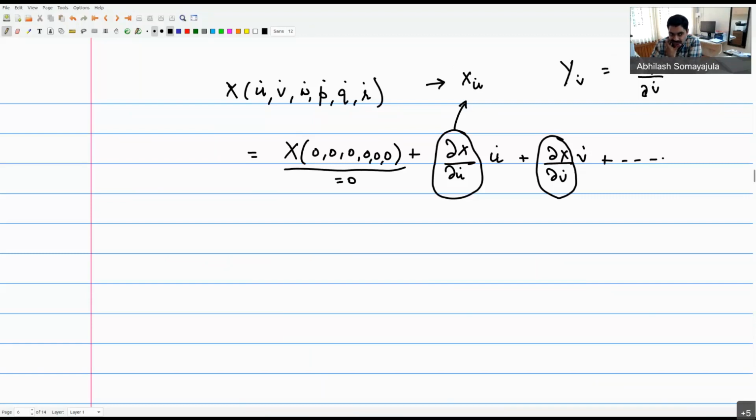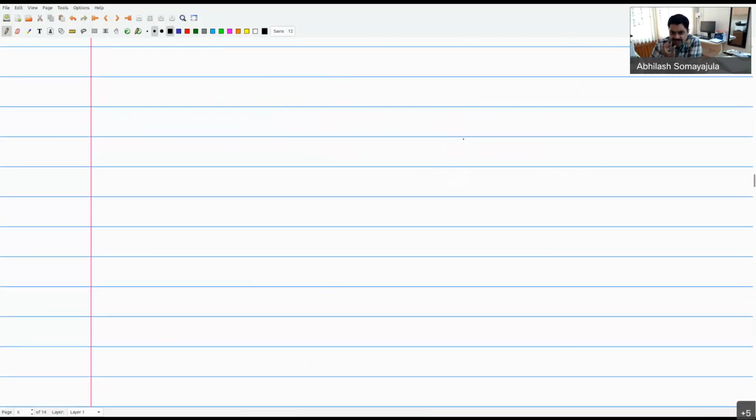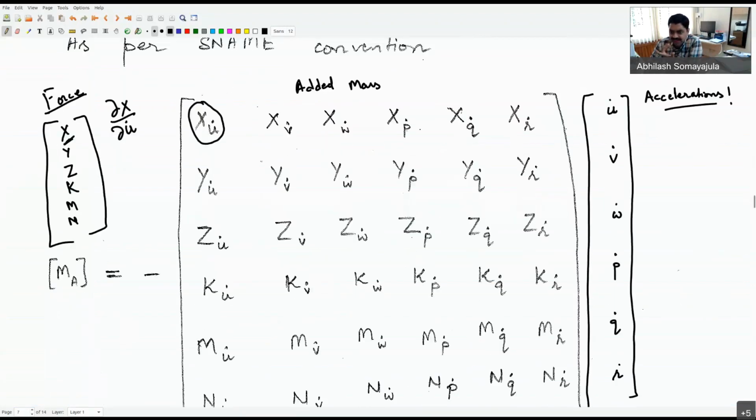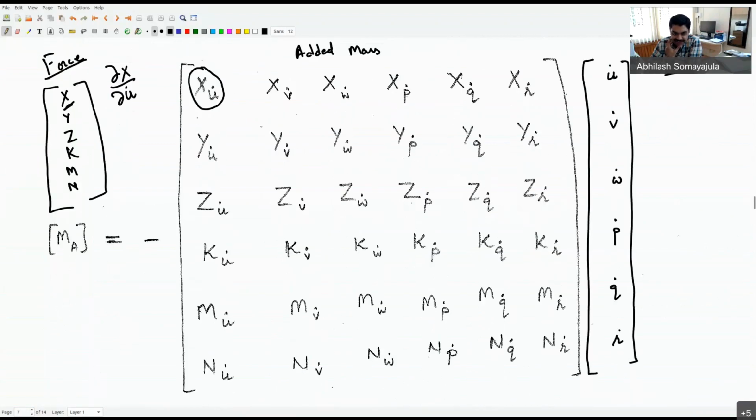Is that making sense? Yes? Okay. This is not very complicated. All I am doing is that added mass times acceleration is my force. I'm just putting the notation here that this added mass is expressed as a derivative of the force with respect to the acceleration.